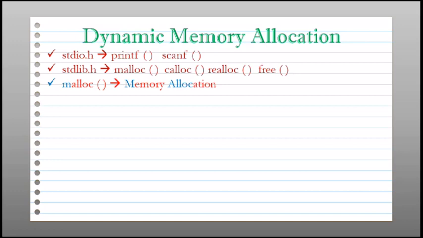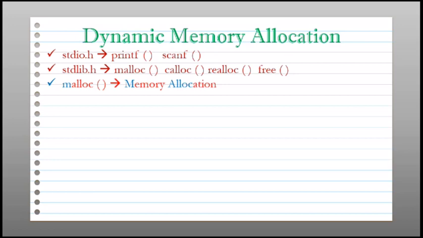As the name suggests, M stands for memory and alloc stands for allocation, that is memory allocation. This function is used to allocate memory dynamically, that is at the time of program execution, when the required memory is not fixed.